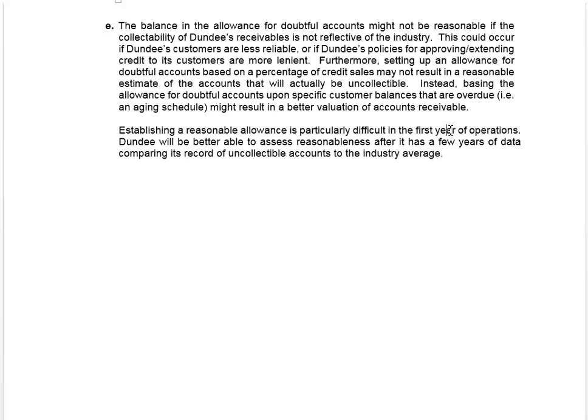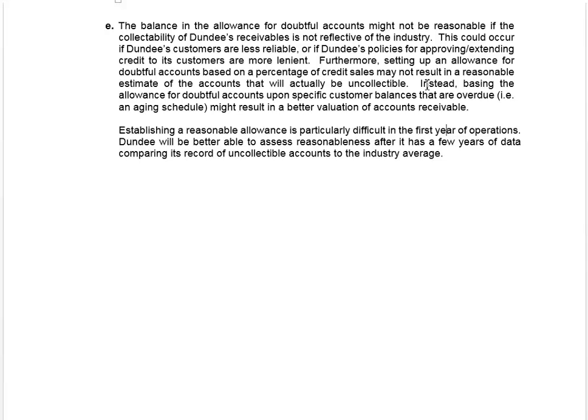You might have very, very lenient credit granting policies, which means you might have a higher amount that you don't collect, right? Uncollectible. So you might not be too strict with your customers. It could also work the other way. You might be much stricter with your customers than other competitors in your industry, so you may find 3% is high for you. So it depends. It might not be enough. It might be too much to set up 3% depending on your credit granting policies, right?